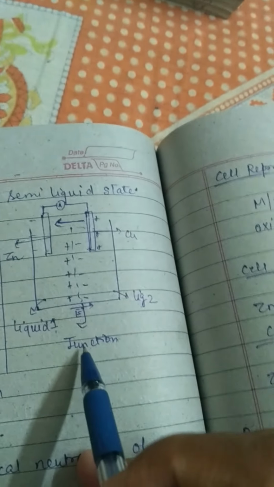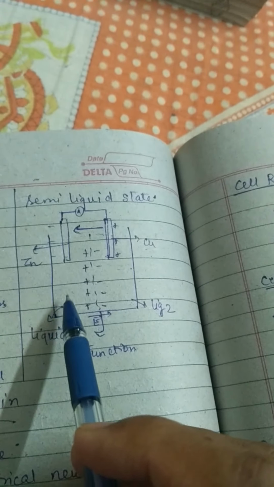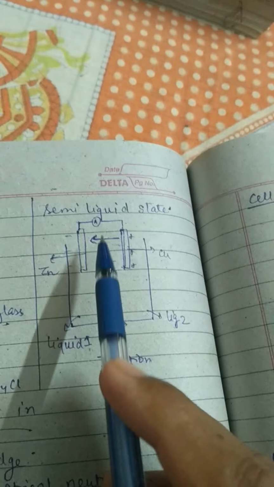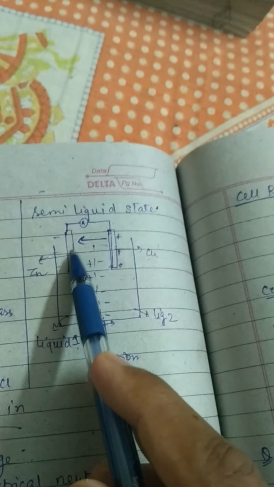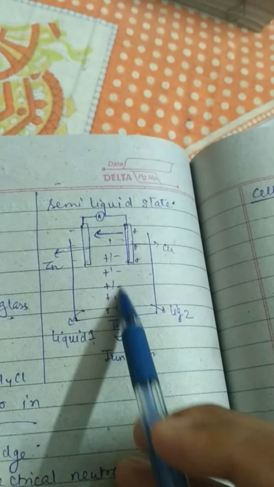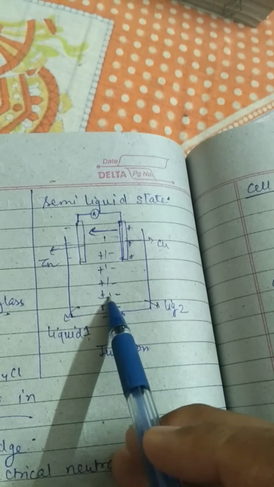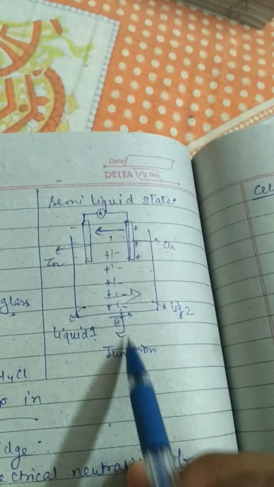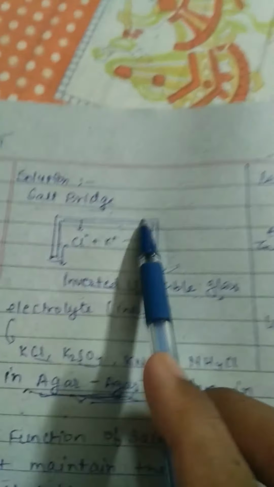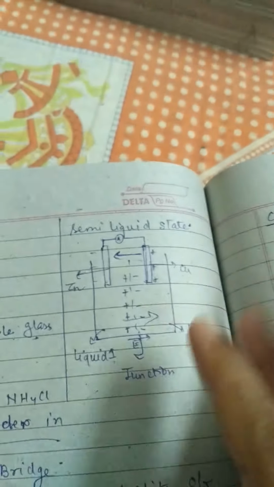Where the two liquids meet, here is positive and here is negative, so here also an electric field is formed from positive to negative. It is the junction electric field, and there is also a potential. If I put a salt bridge here, it neutralizes the charges, so the potential is also minimized.